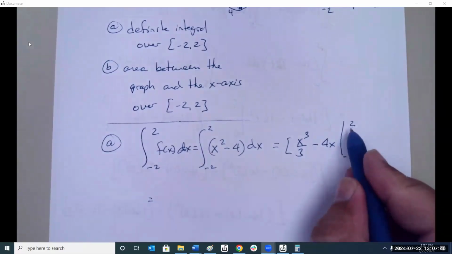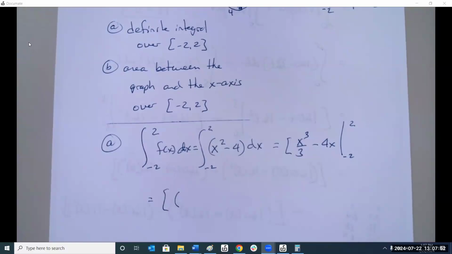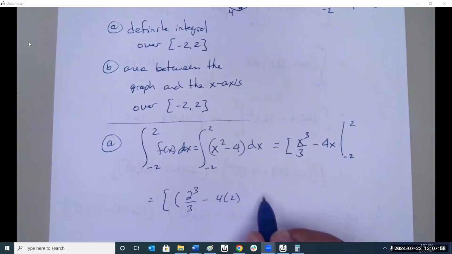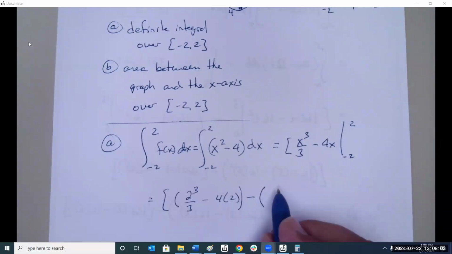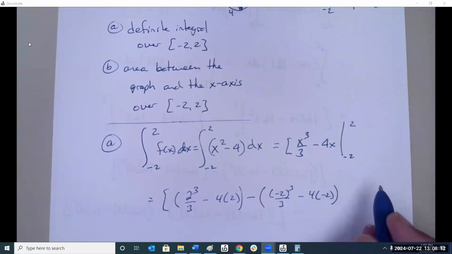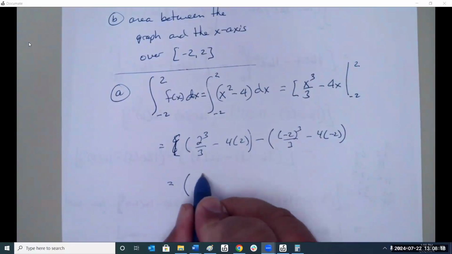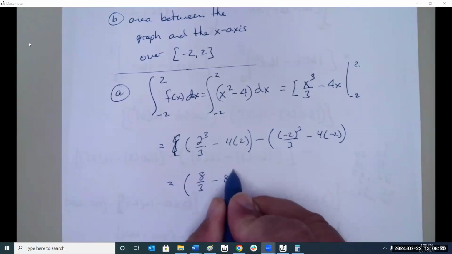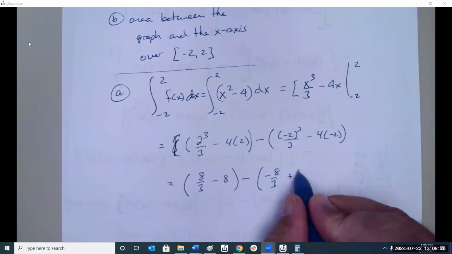So now we start at 2. We got 2 cubed over 3 minus 4 times 2, minus negative 2 cubed over 3 minus 4 times negative 2. Eight over 3 minus 8, minus negative 8 over 3 plus 8.